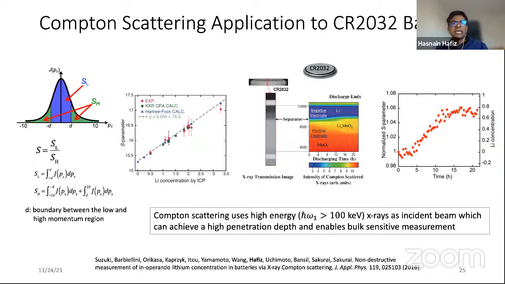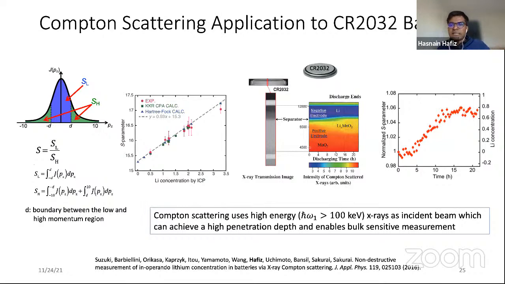So this gives you a straight idea about the state of charge of a battery, and you can already see that since it has a very high bulk sensitivity and uses very high energy X-rays, we can do in operando measurements, which is not that easy to do with other experimental techniques.